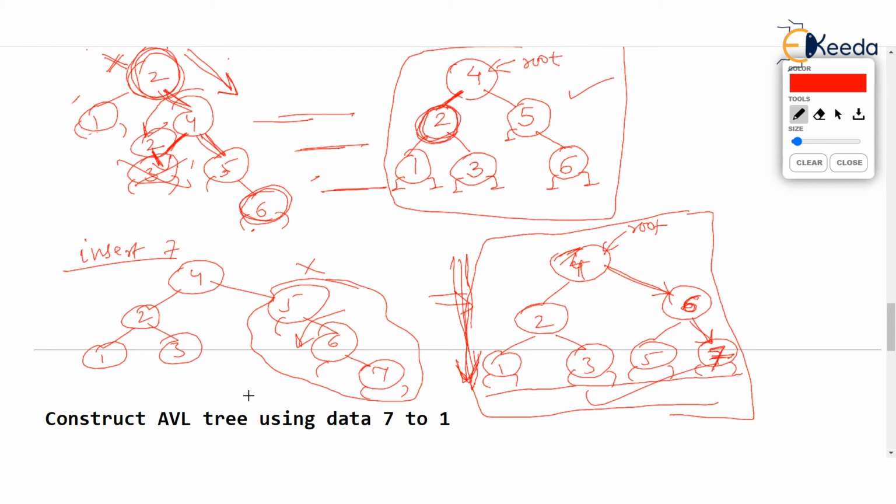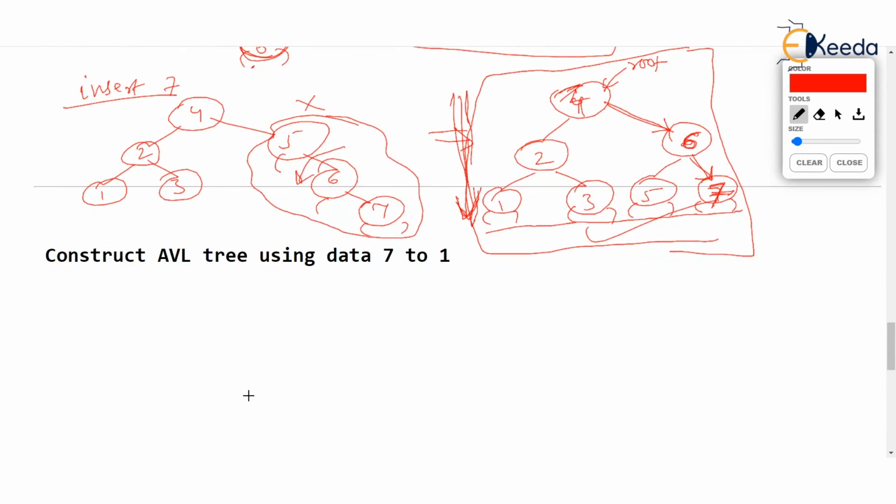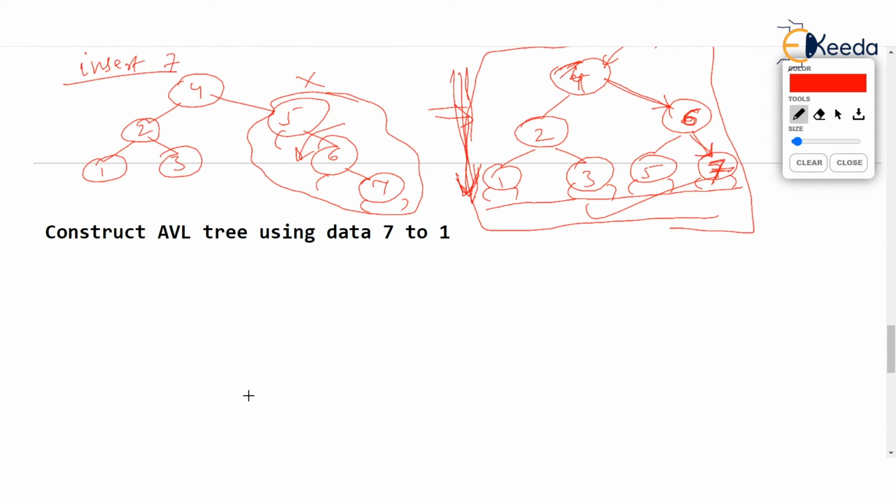That's great, isn't it? What's so great about this is just imagine you did not know AVL tree at all. And data, I'm just writing it here, data given was 1 to 7. And you created a simple binary search tree. So the binary search tree that you will create will be somewhat like this, isn't it? 1, 2, 3, 4, 5, 6, 7.